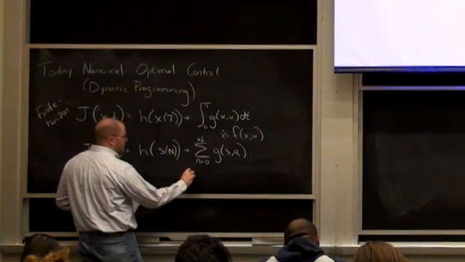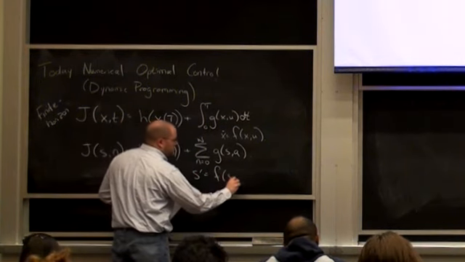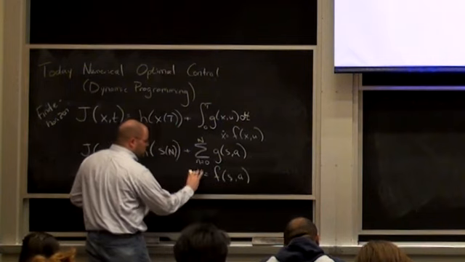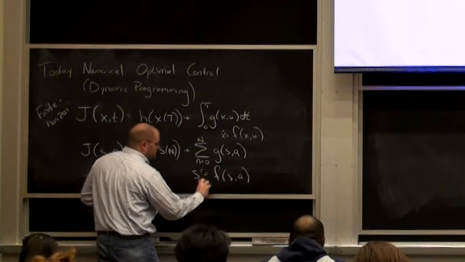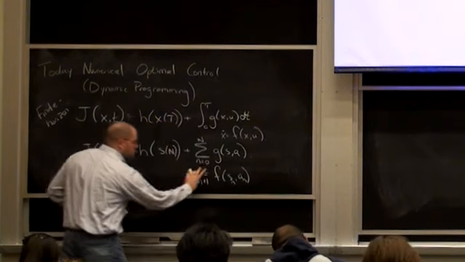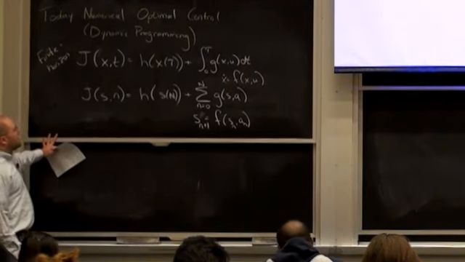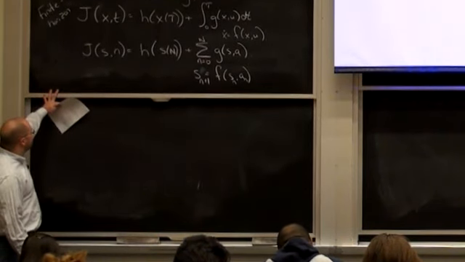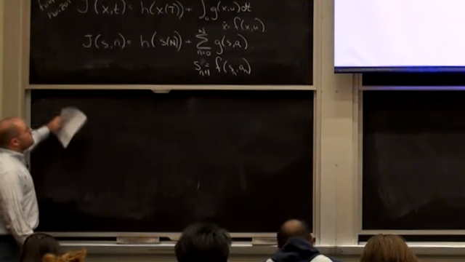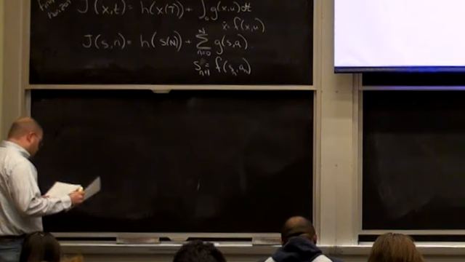And my dynamics now are going to be of the form, maybe I should even write more explicitly, s_{n+1} is a function of s_n and a_n.